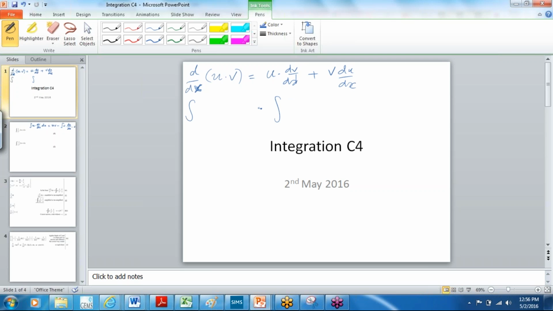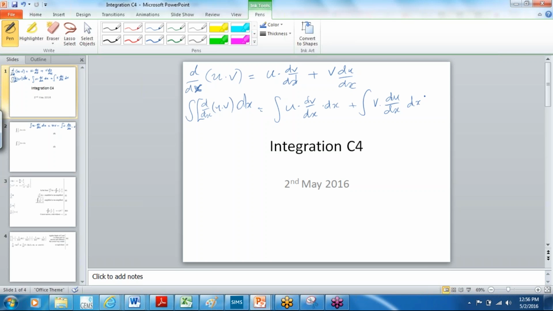If we integrate both sides with respect to x, we have the integral of the derivative of uv with respect to x equals the integral of u dv/dx with respect to x plus the integral of v du/dx with respect to x.